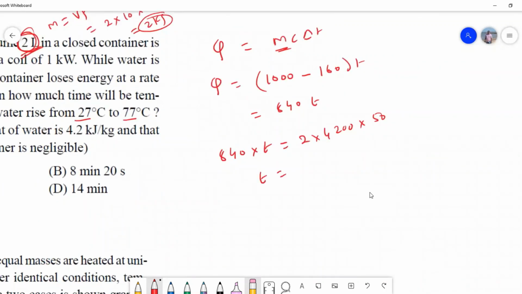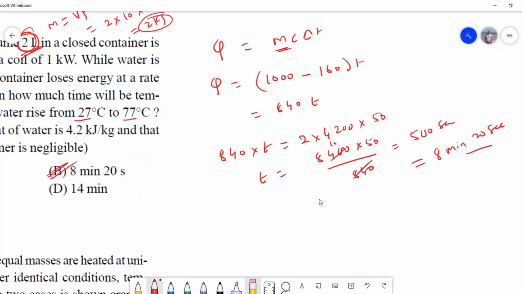T is equal to 8400 into 50 by 840. This will go by 10 times. So you'll get it as 500 seconds. So 8 minutes 20 seconds. The answer is B. 8 minutes 20 seconds is the answer.